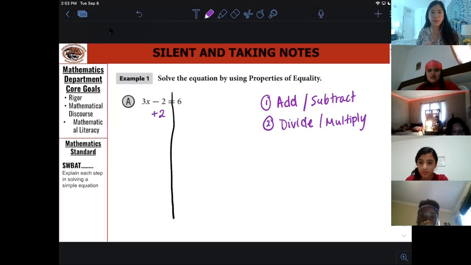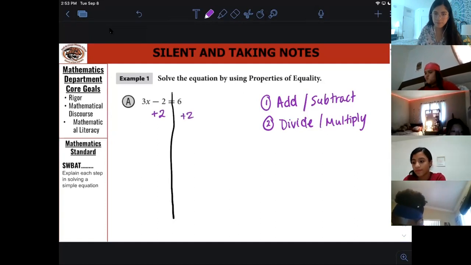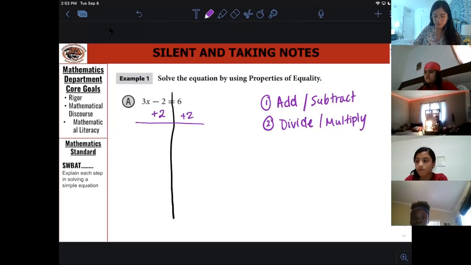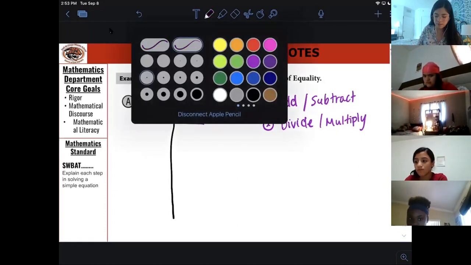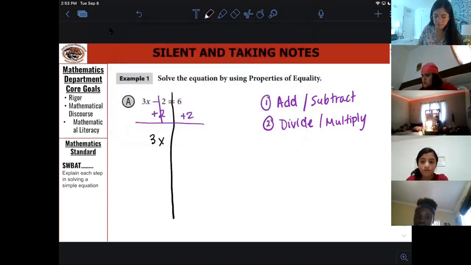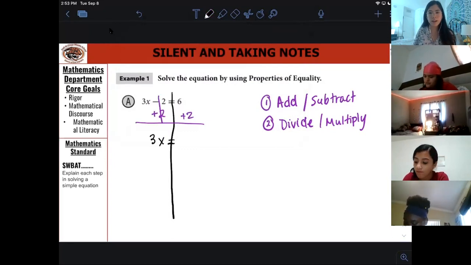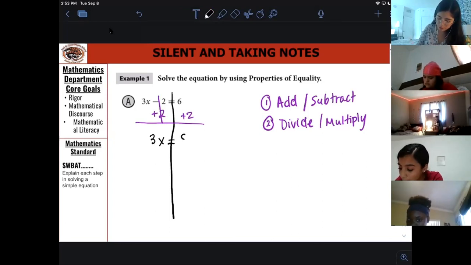And since I'm doing that on the left side, I also have to do that on the right side. This is going to get rid of just my 2, and I'm going to be left with 3x. But then on the right side, I have to add. So I have to do 6 plus 2, and 6 plus 2, that's going to give me 8.